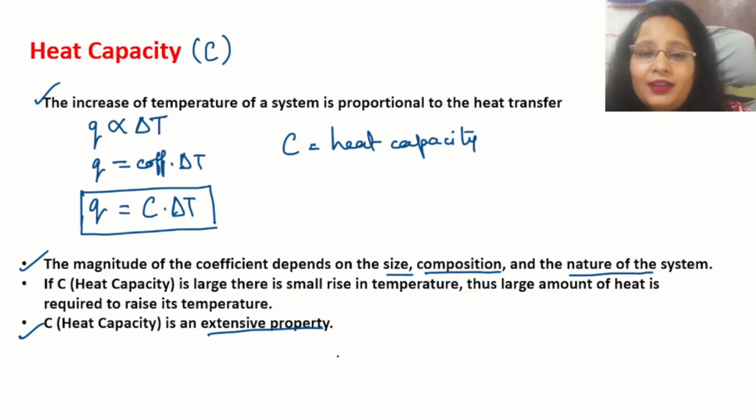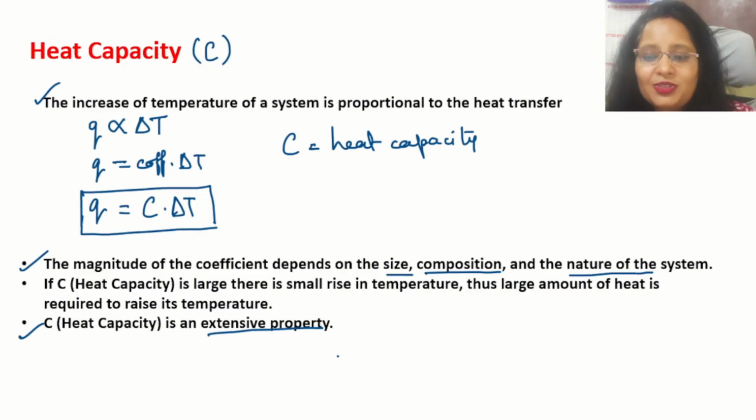On the other hand, water's heat capacity means the capacity to heat up is very high. So to give a temperature difference, we have to give a lot of heat there. This is the use of heat capacity. Understand? It depends on the size, the composition, and the nature of the system or substance.